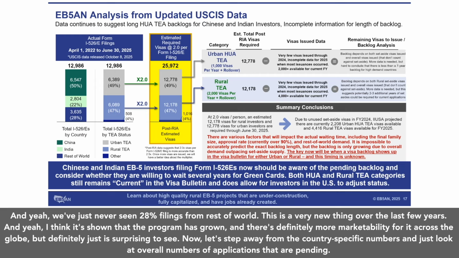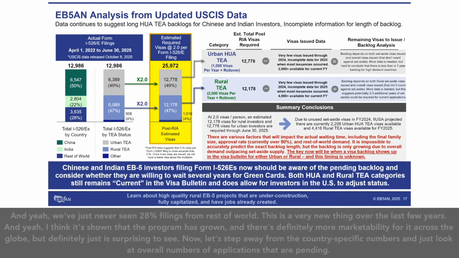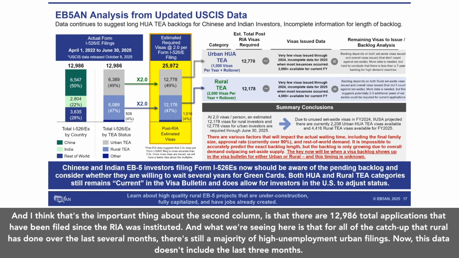Now, let's step away from the country-specific numbers and look at the overall number of applications that are pending. I think the important thing about the second column is that there are 12,986 total applications that have been filed since the RIA was instituted.